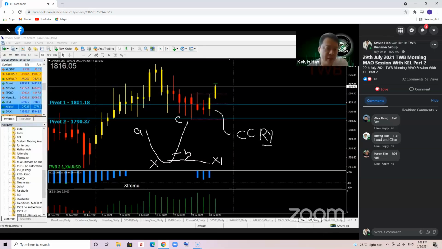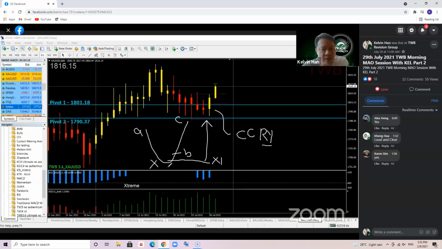Now, with the PTP method, the probability is that if you buy at X1, the market may pull back and you may have to hit stop loss several times before you get it right. But in exchange, it is high risk, high return. Because if you buy at X1 and the market happens to stop there, then the probability of you making a lot of money from X1 to C will be very high.